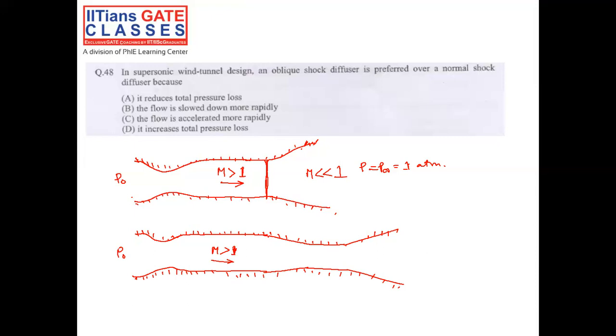Here the flow deceleration takes place by means of multiple oblique shocks with a terminating normal shock.